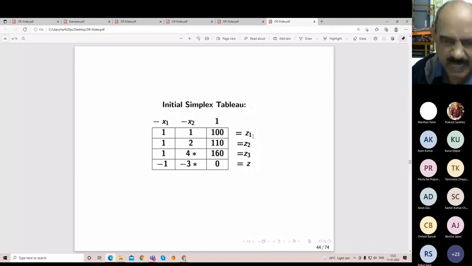The meaning is like this. So Z1 equal to minus x1 minus x2 plus 100. 100 into 1 equal to 100. Okay, so minus x1 minus x2 plus 100 equal to Z1.